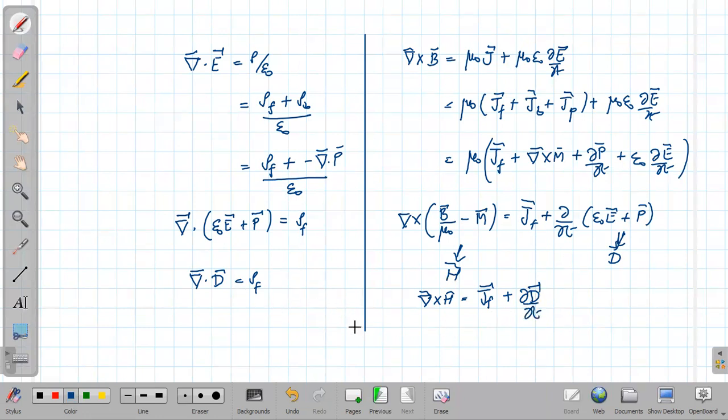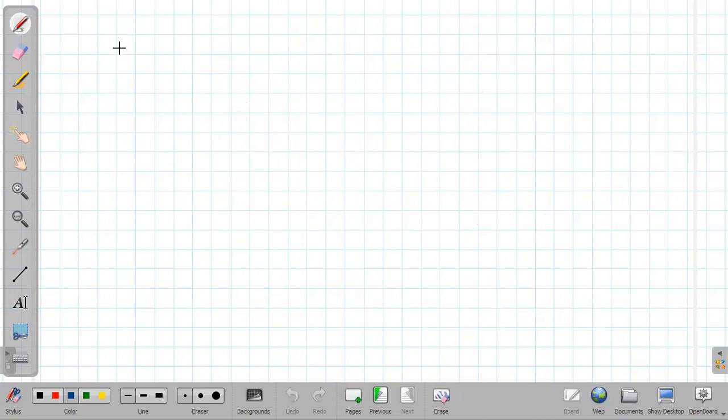Now this equation becomes very simple. We can now summarize Maxwell's equations in matter, or Maxwell's equations in material. We have four equations now.